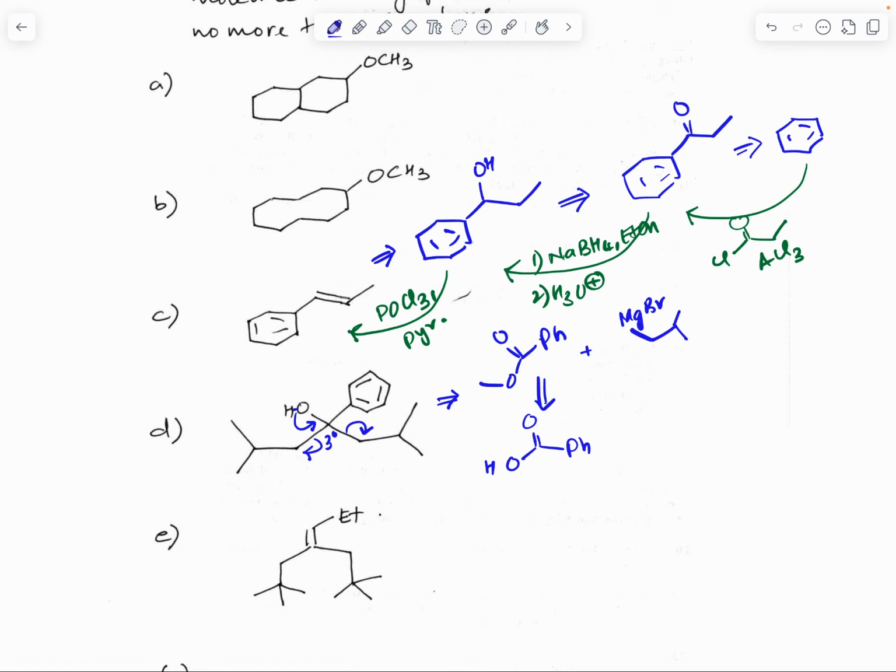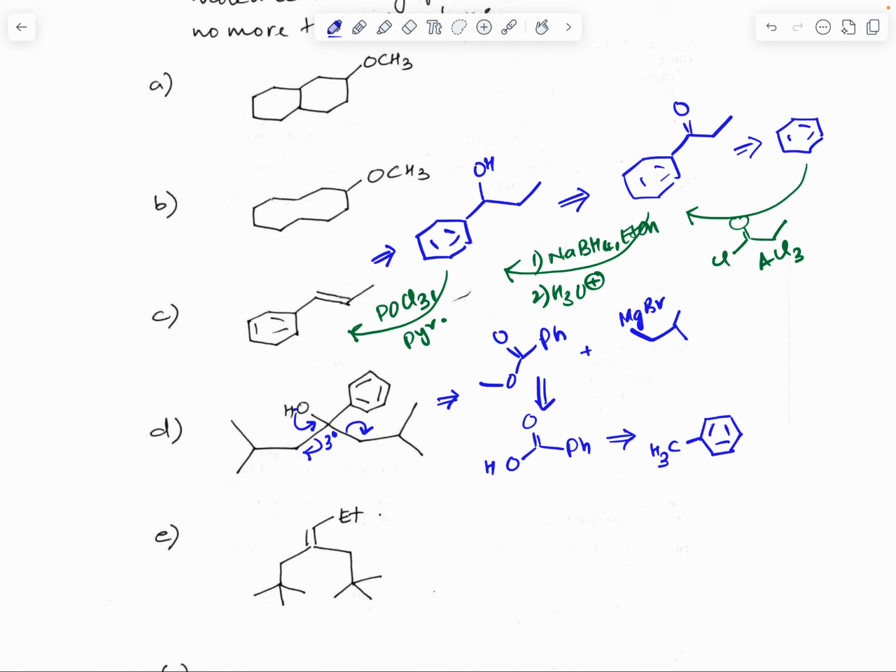And then how do you make the carboxylic acid? Well, I could have had the carboxylic acid come from oxidizing toluene with something like KMnO4. And then we all know how to make toluene. You could do this using just a Friedel-Crafts alkylation for toluene.